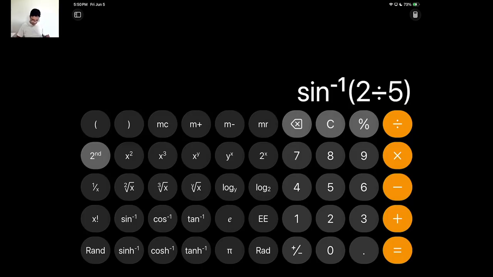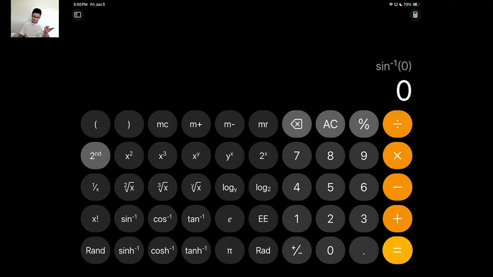What did I say? We should be in the degree mode by default. I have talked about this earlier. If you are not sure about the mode, just one second, I'm going to show you. I could evaluate sine inverse 0, which I know. Sine 0 is 0, so sine inverse of 0 should be 0. So yes, we are in the right mode.